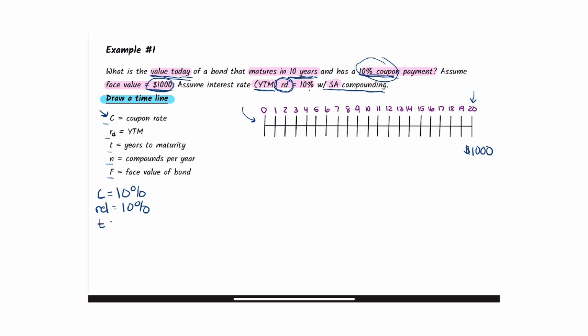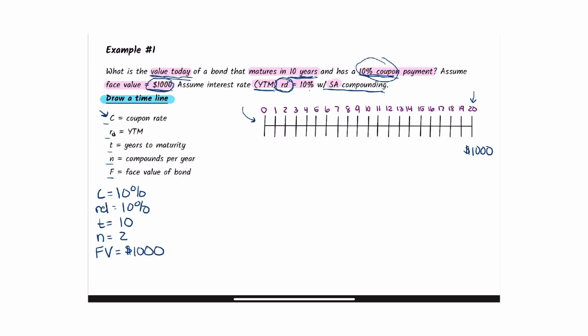T is how many years to maturity, and that is going to be 10 because it's 10 years. N is the number of compounding periods per year. It's happening semi-annually, so that is 2. The face value of the bond, I'm going to write it FV, but that's the face value or the par value. That is $1,000.